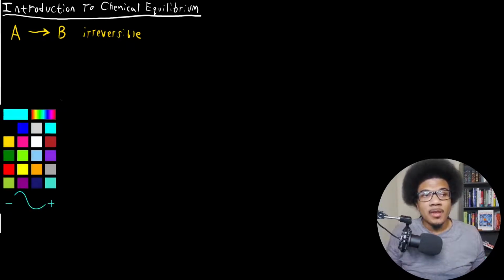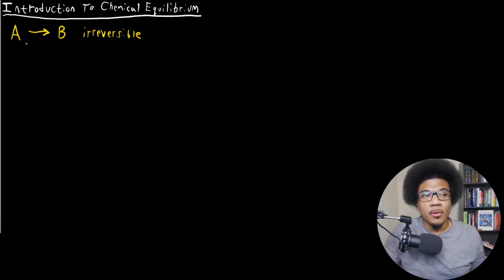But what happens if you can actually reform your original reactant? What if B can actually form A? That actually happens in a lot of chemical reactions, and that's what we call reversible reactions. And we denote them using this double-headed arrow. So we have one arrow going to B, but then another arrow going from B to A. This is known as a reversible reaction.